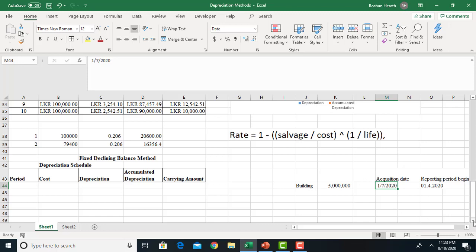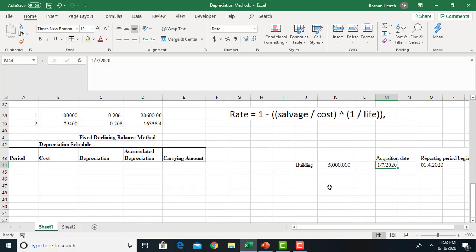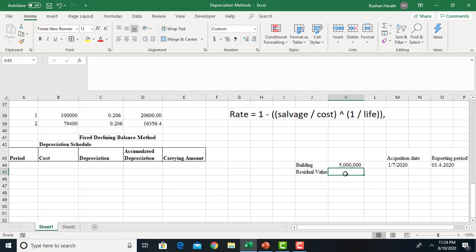Okay, so this is the information you may have, and you decide the residual value or the salvage. So it's found to be say 500,000, the residual value.